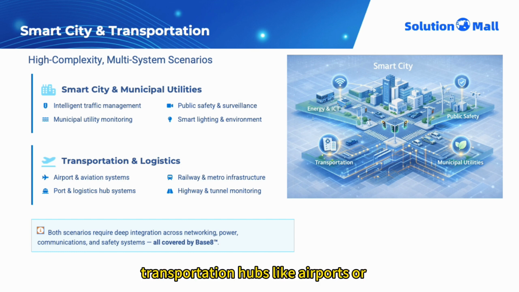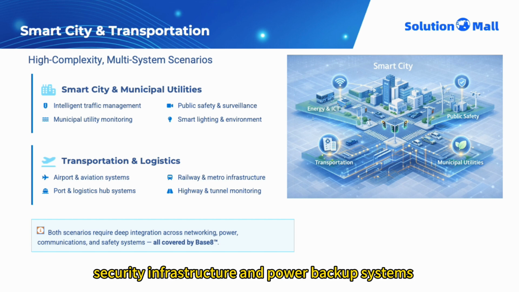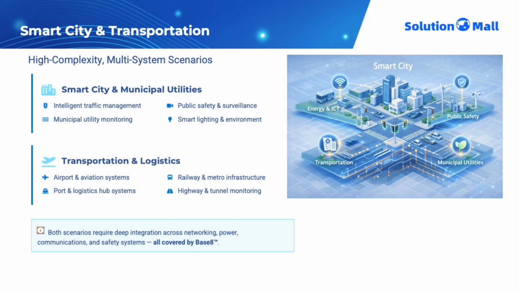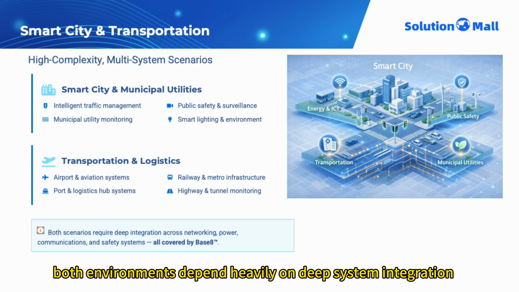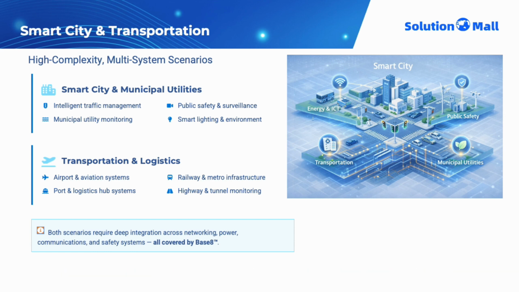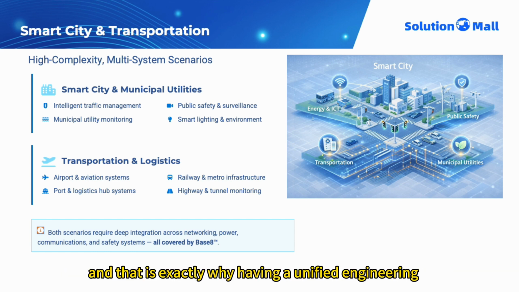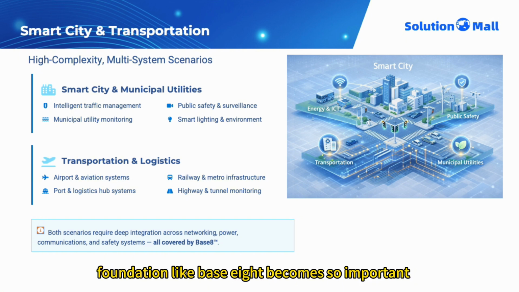Transportation hubs like airports or railway stations are equally complex. They combine aviation systems, communications networks, security infrastructure, and power backup systems. Both environments depend heavily on deep system integration. And that is exactly why having a unified engineering foundation like Base8 becomes so important.